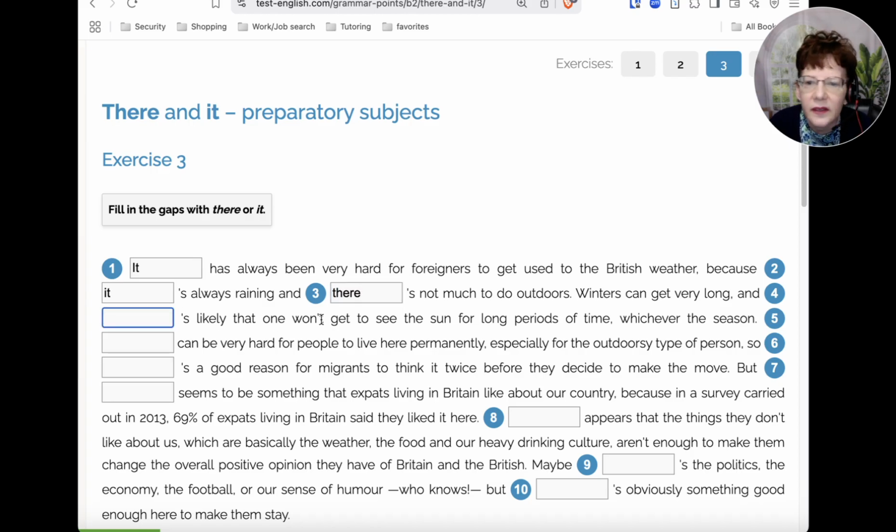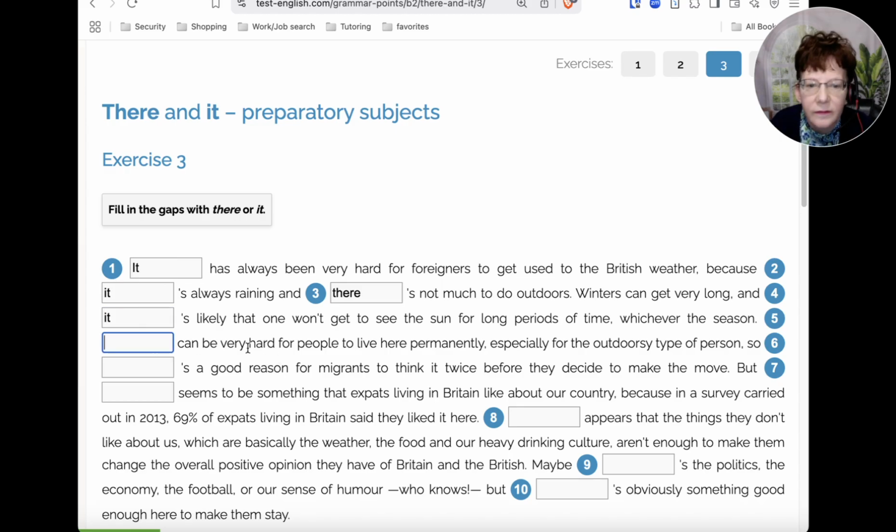All right, so remember we talked about the structure: it plus be plus adjective. So it's likely that one won't get to see the sun. Five. What can be very hard for people to live here permanently?